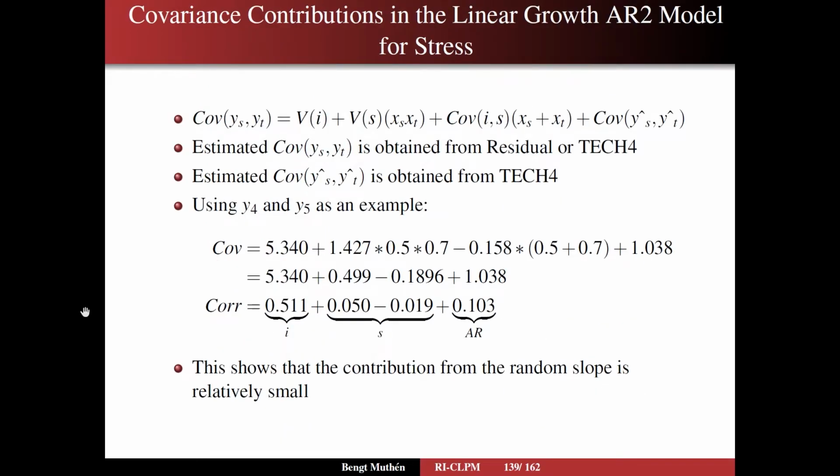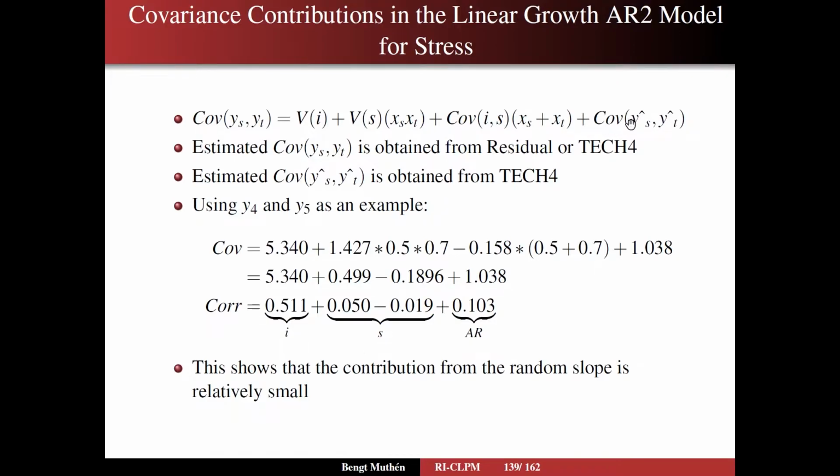So let's look at this model in the linear growth AR2 case for stress, and we repeat this formula that I mentioned before, but now I talk in terms of I and S instead of eta 0, eta 1. But you have the same four terms, and instead of covariance between epsilons, I talk about covariance among the y-hats, the residuals, same thing.